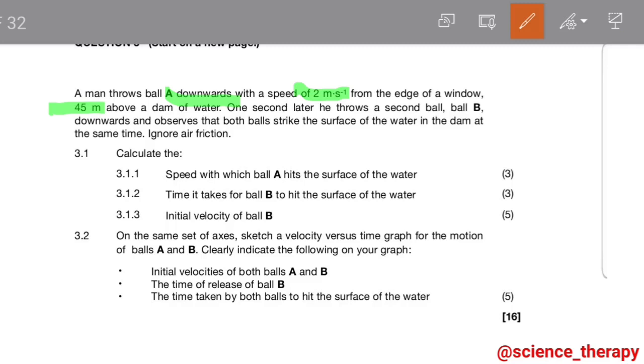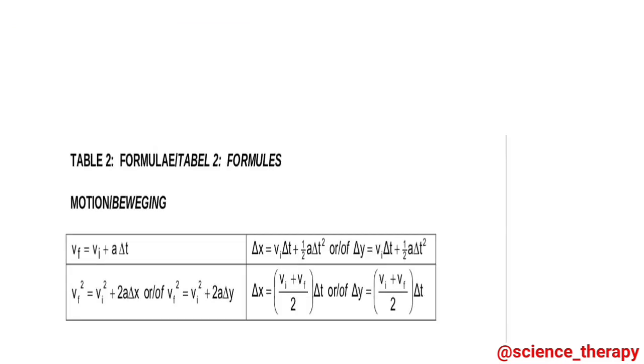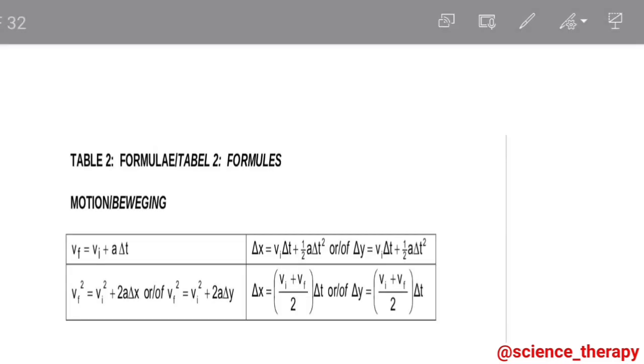Now with this, you're gonna realize that what we are doing with VPM is we are taking the equations of motion back from grade 10, right? But then the only difference now is that the motion is now vertical. Remember, in grade 10 we were looking at the motion horizontal. Hence, even our displacement had delta x, right?